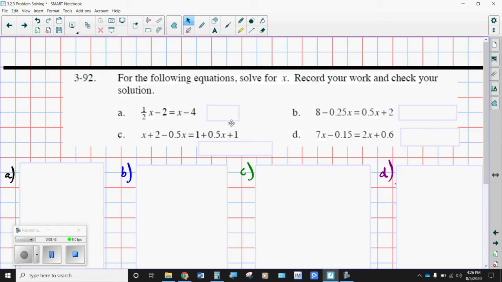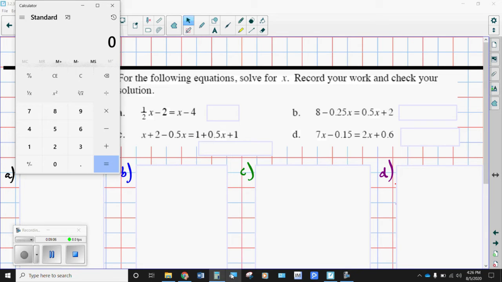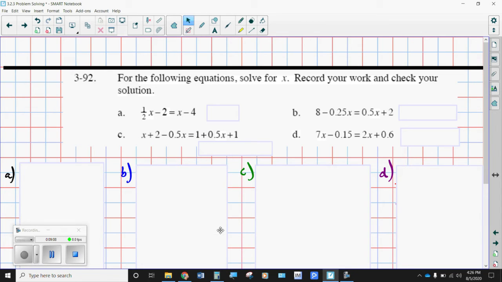I can't tell you how many students I have taught over the years who are excellent at solving equations, but the moment you put fractions or decimals into the equation, people freak out, okay? It's not that bad, especially if you're allowed to use your calculator. And I'm encouraging you, go ahead and use your calculator to help you with these processes. If you remember, I think I might have briefly touched upon fraction busters last year and decimal busters.